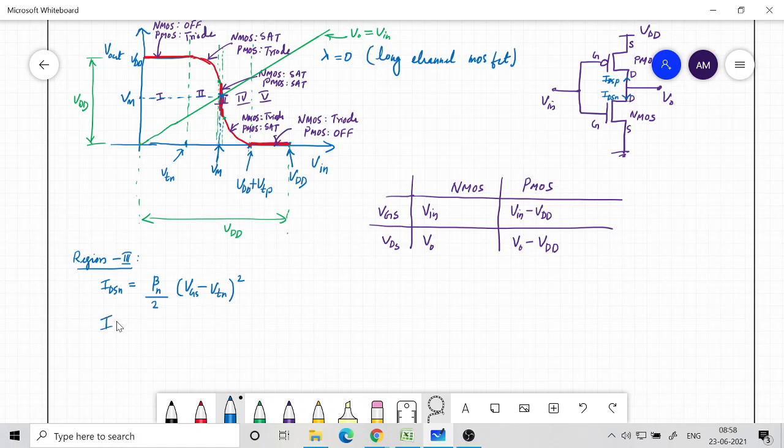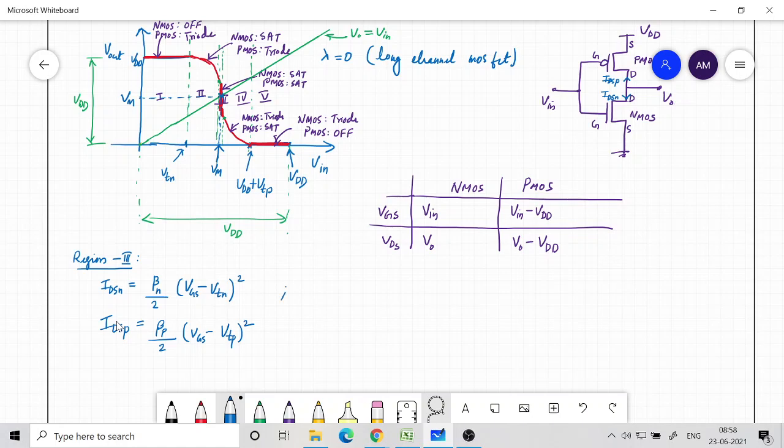Then IDSP, the current through the PMOS, is given as beta P divided by 2 into VGS minus VTP the whole square. Here also it is the same equation, there is absolutely no difference. Only thing is, instead of VTN we have VTP, where VTP is negative, VGS is also negative, and beta P is also negative.